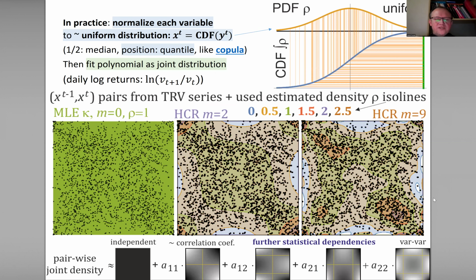Okay, so let's look at this normalization: normalizing from any distribution, like here some Gaussian distribution, to uniform on 0, 1. This is popular for copulas. Economists like copulas, so this is kind of polynomial copulas. We normalize by just going to the CDF.